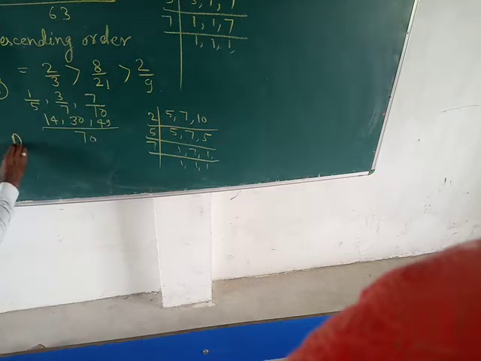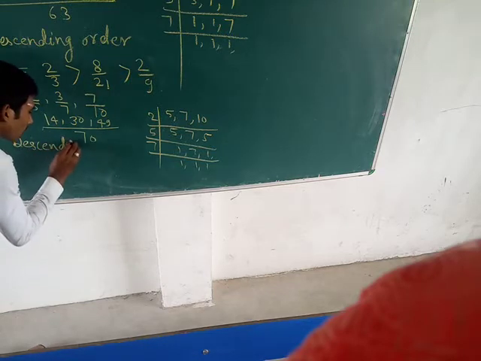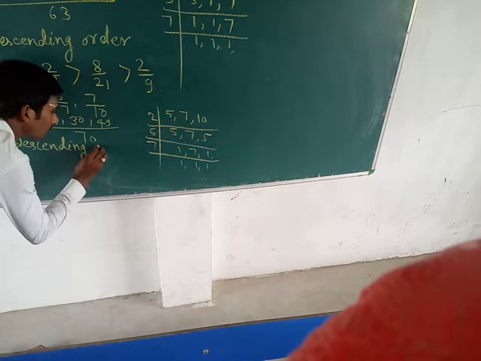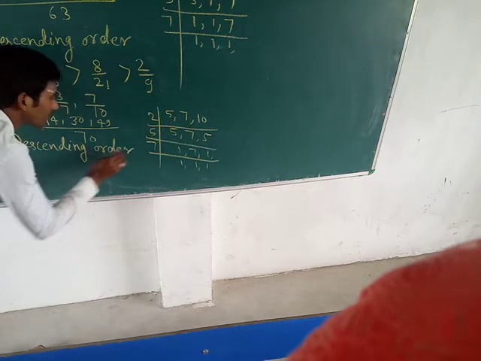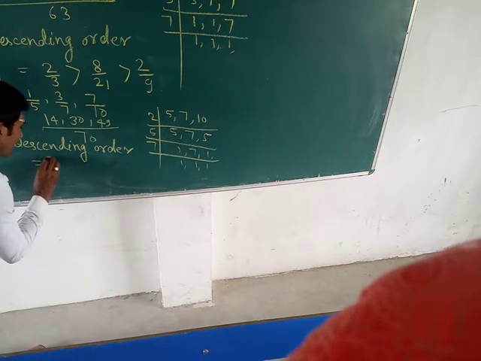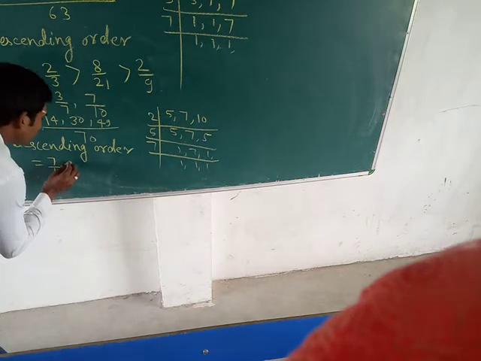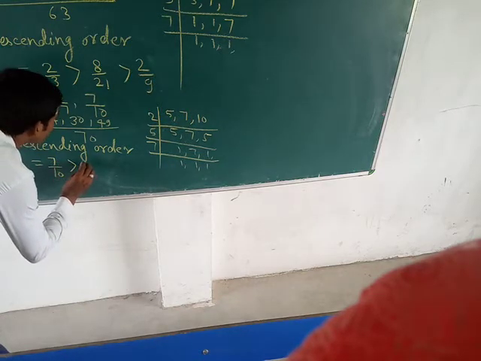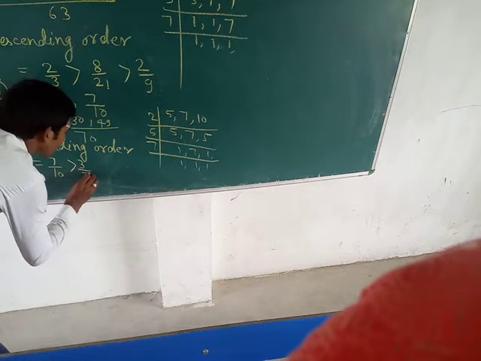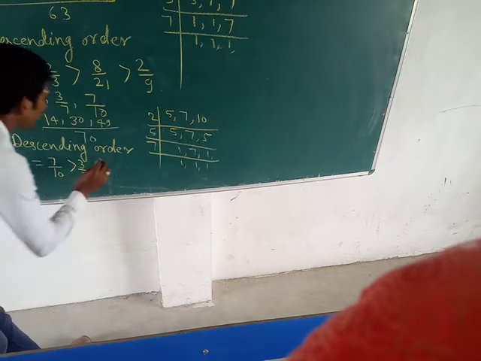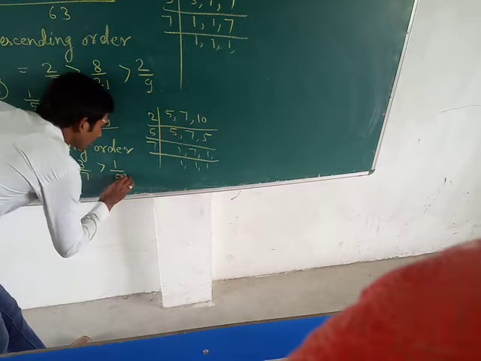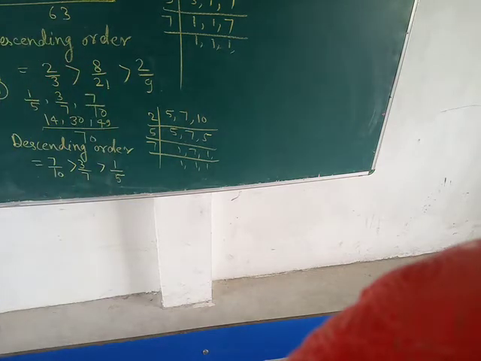When we write it into descending order, we get 7 upon 10, then 3 upon 7, and at last we get 1 upon 5. This is the descending order of these fractions.